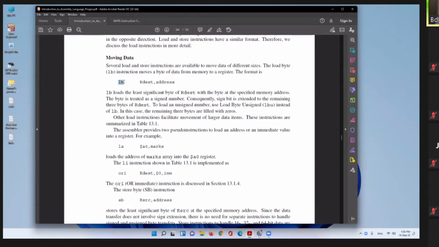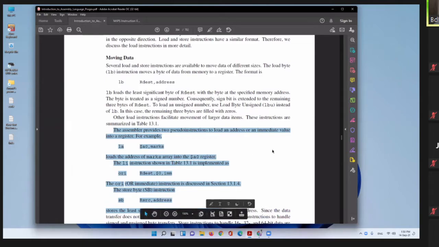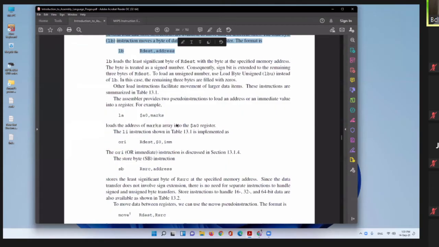If it is load byte, it is LB. If it is unsigned, then it's LBU. Very simple and basic. You just need to know this table.